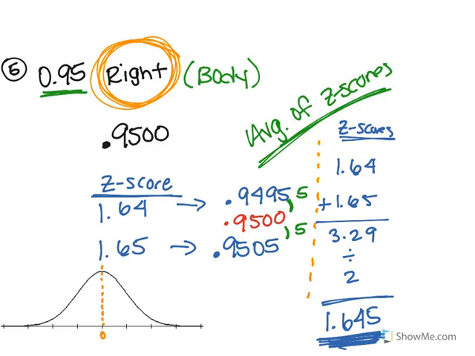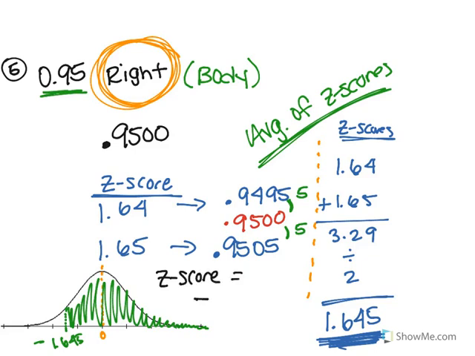I had to begin on the left in order to shade 95% to the right. So your z-score will be a negative 1.645. So our z-score is negative 1.645.